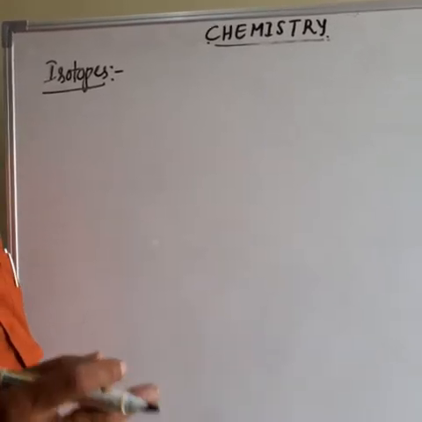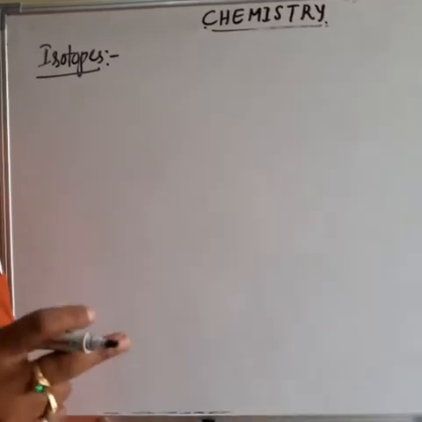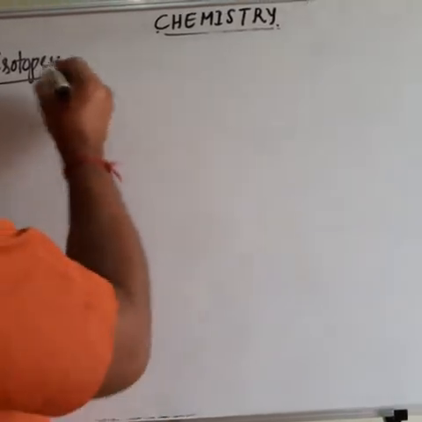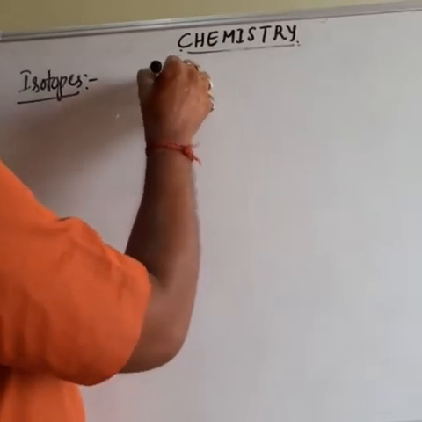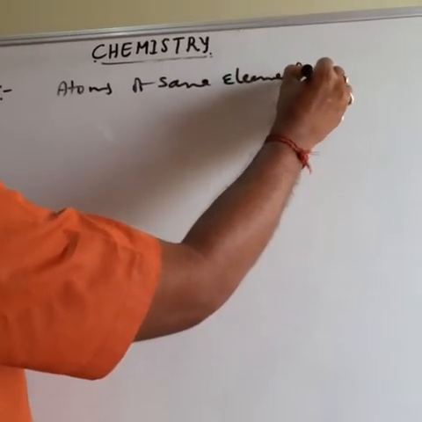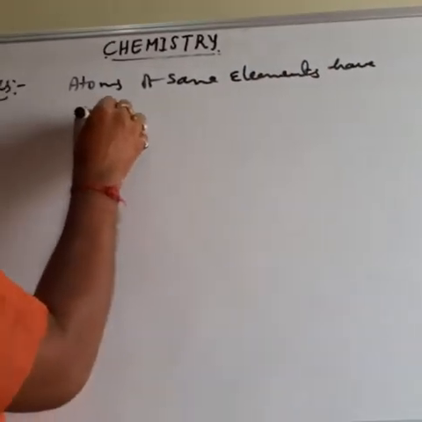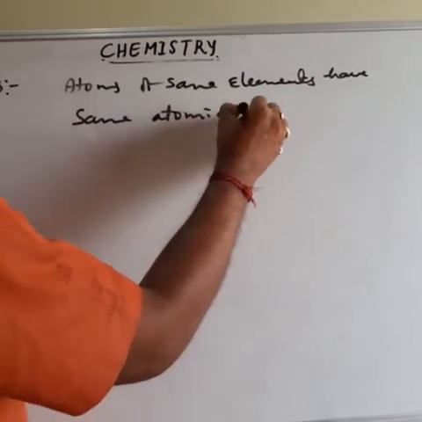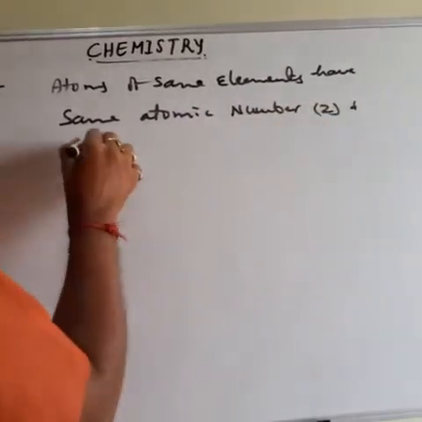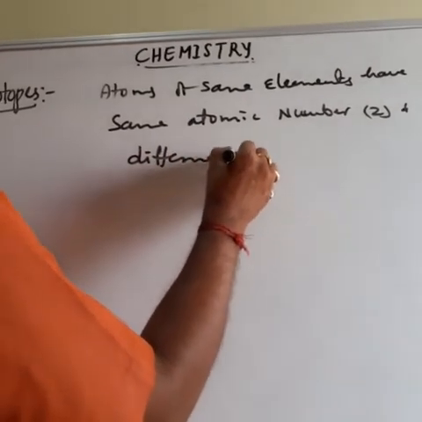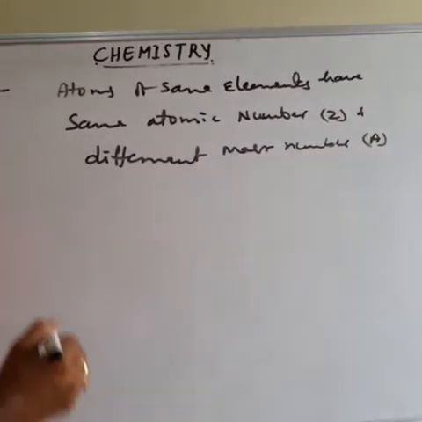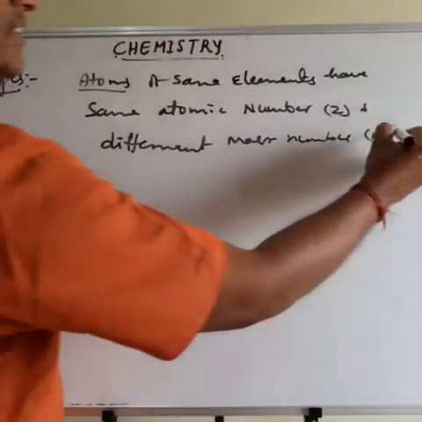This type of species is called isotopes. What is the first definition? Atoms of the same element, not a different element, have the same atomic number, meaning the Z value is the same, and different mass number, meaning the A value is different. So this type of species is called isotopes.